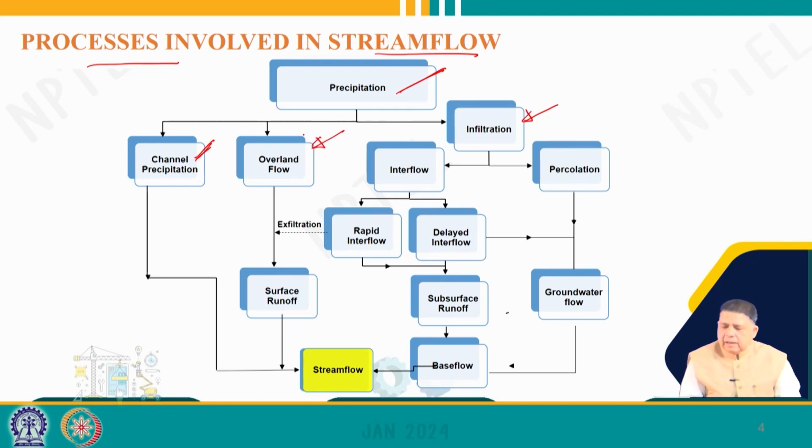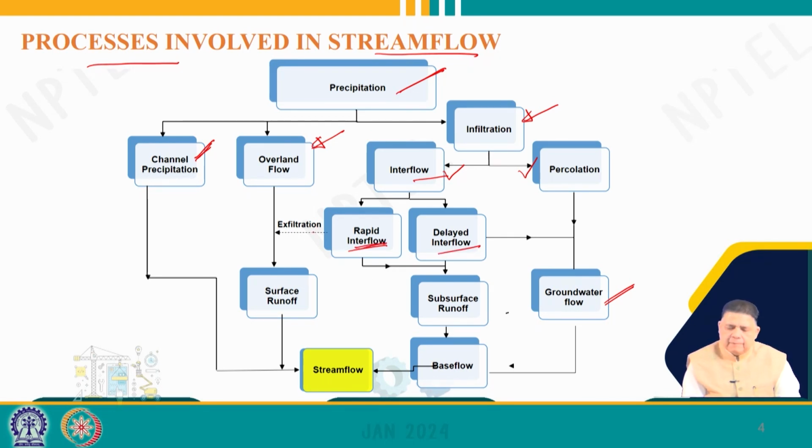A part of the infiltration becomes interflow, which flows close to the surface of the soil, parallel to the surface, and the remainder percolates down due to gravity and joins the groundwater. Now, this interflow has two components: one is rapid interflow, the other is delayed interflow.